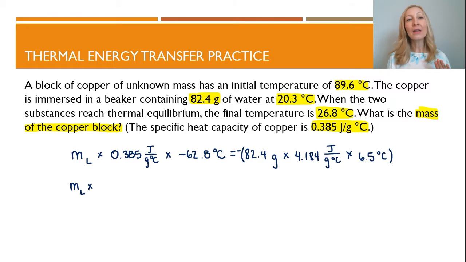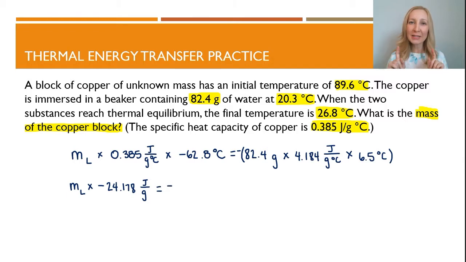So if I take my mass of the substance that loses the energy, and I take these two pieces, the 0.385 joules per gram degrees Celsius times negative 62.8 degrees Celsius, I get negative 24.178 joules per gram.